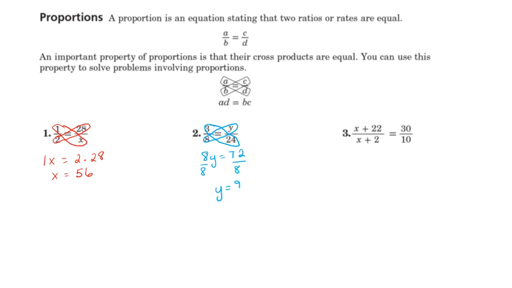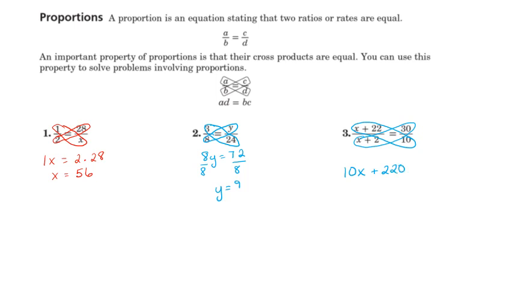For example 3, now we're going to do x plus 2 times 30 and 10 times x plus 22. When we multiply two terms being added, you need to make sure you multiply times both of them. So you're basically distributing. So here I'm going to do 10 times x is 10x. 10 times 22 is 220.